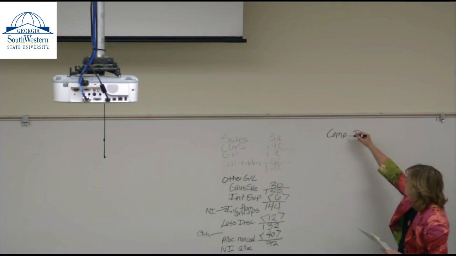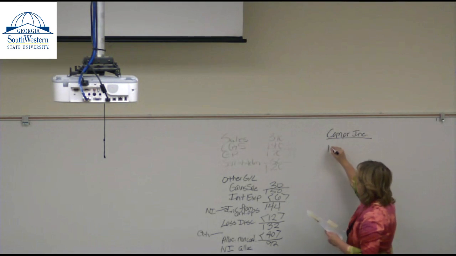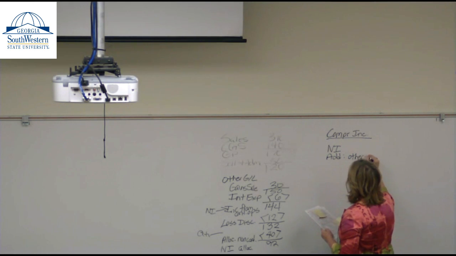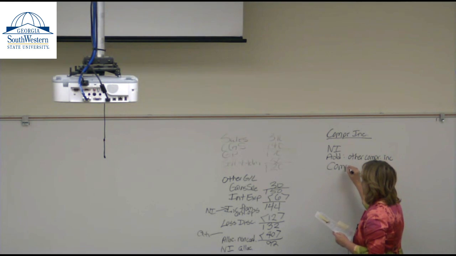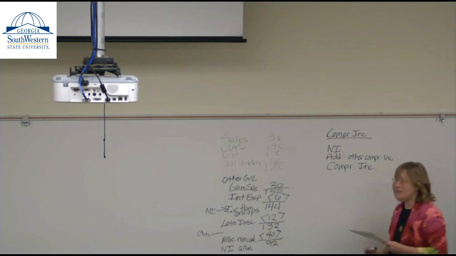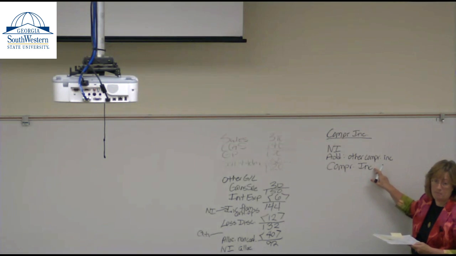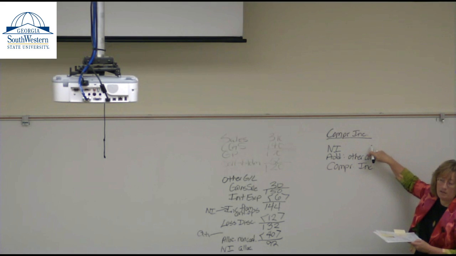Okay, so this is the way that we're going to do it. We're going to take our net income, add something called other comprehensive income, and we're going to get comprehensive income. Now, it's too bad they couldn't think of another way to word this, because comprehensive income right here is made up of net income and other comprehensive income.